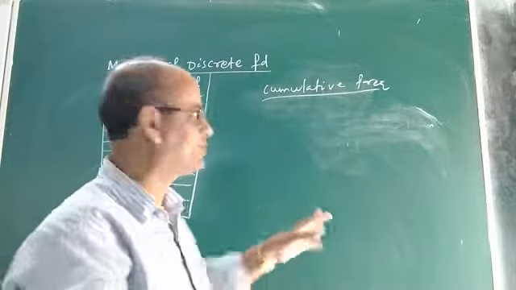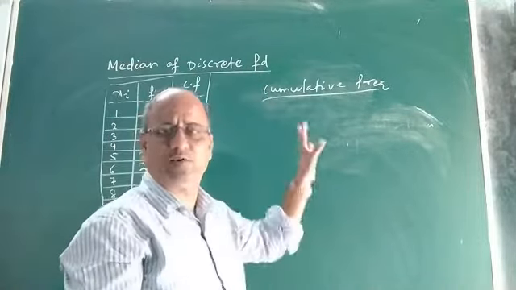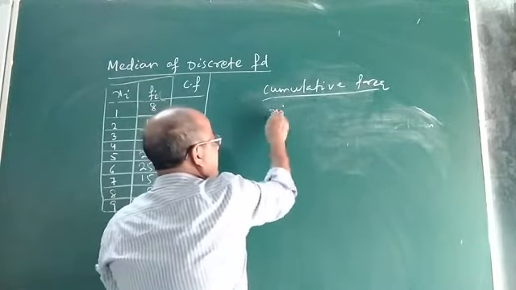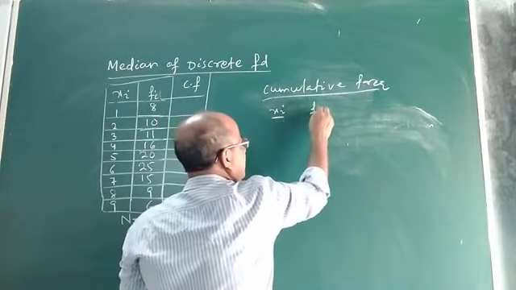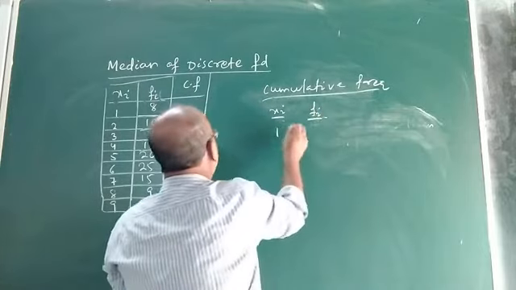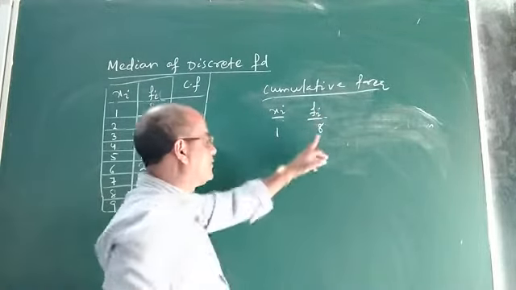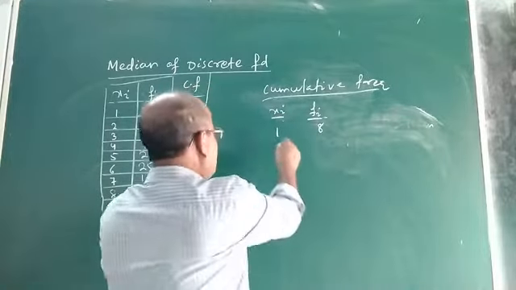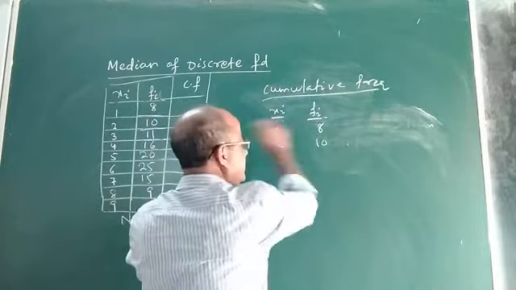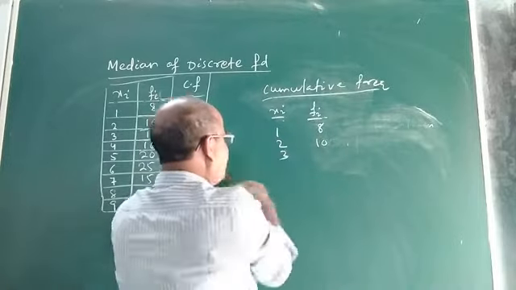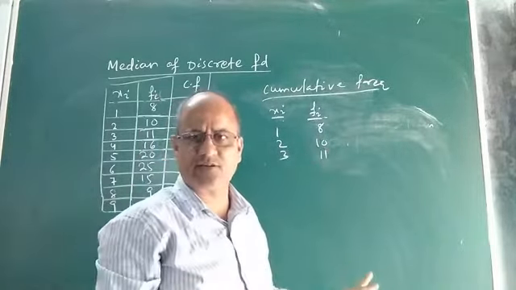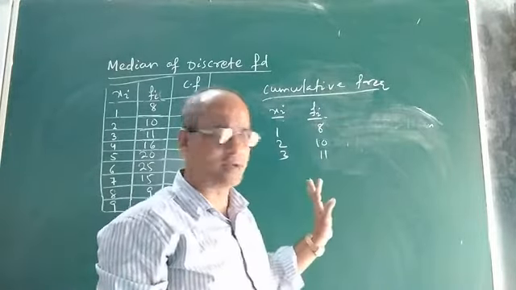In order to understand what is cumulative frequency, let me give one example. Suppose you are given some observations and their corresponding frequencies. Suppose 1 is the observation whose frequency is 8, 2 is the observation whose frequency is say 10, 3 is the xi whose frequency is say 11. Let us consider only these three observations and their corresponding frequencies.